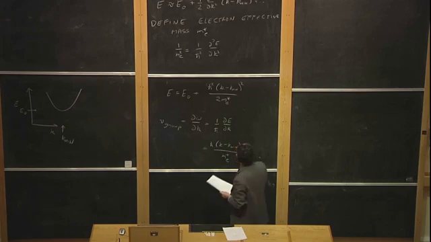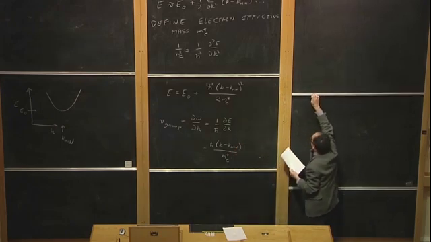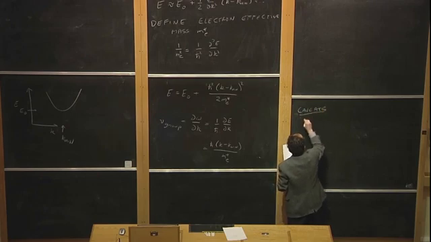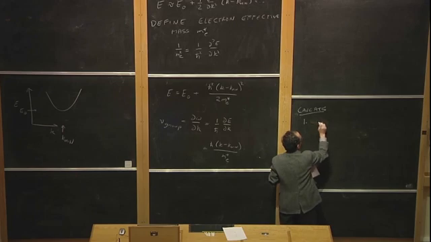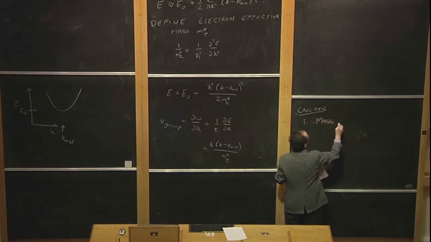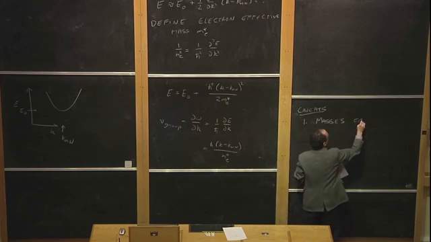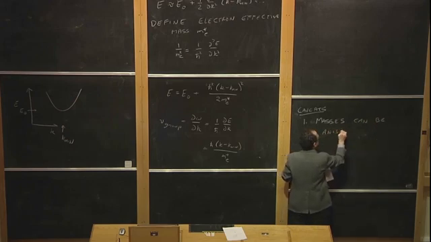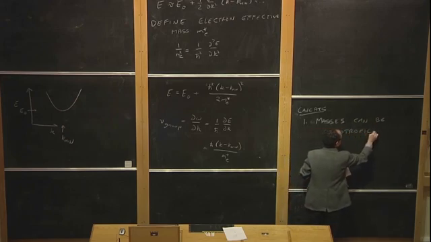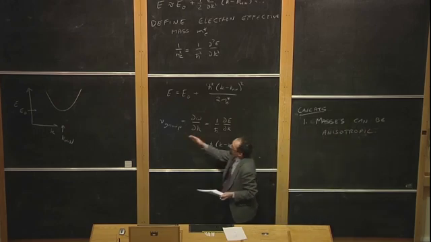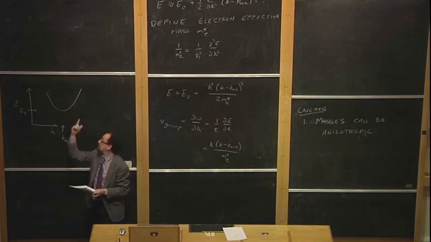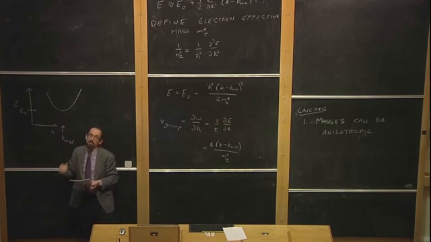Now there are a couple of caveats. One, generally effective masses may be anisotropic, meaning that the energy may be parabolic in all directions, but depending on which crystal direction you choose, the curvature may be different.